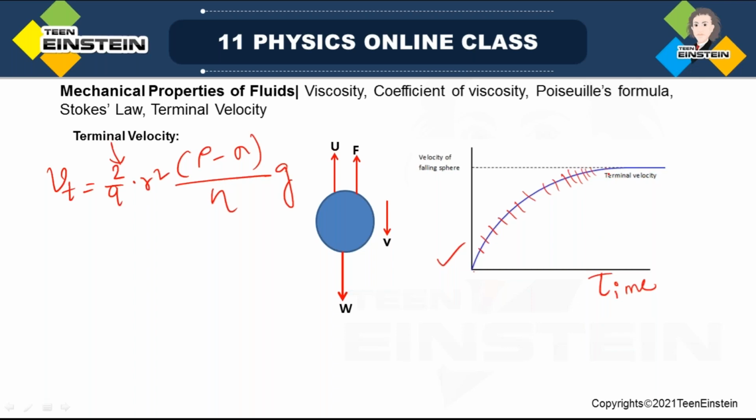So velocity increases slowly until it reaches its maximum value, that is the terminal value. Here it becomes constant, and this is the terminal velocity from here onwards.